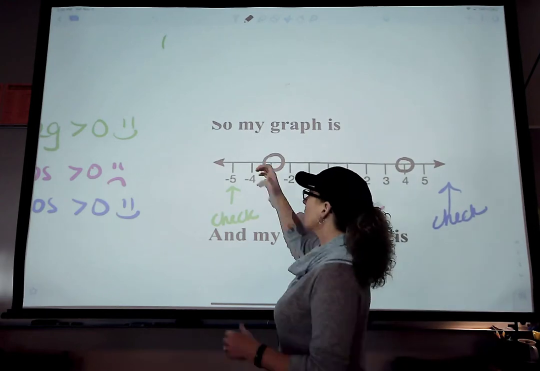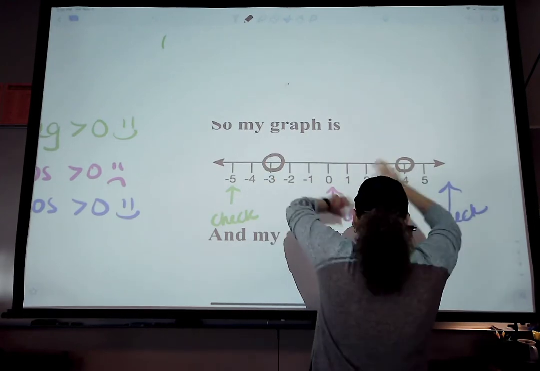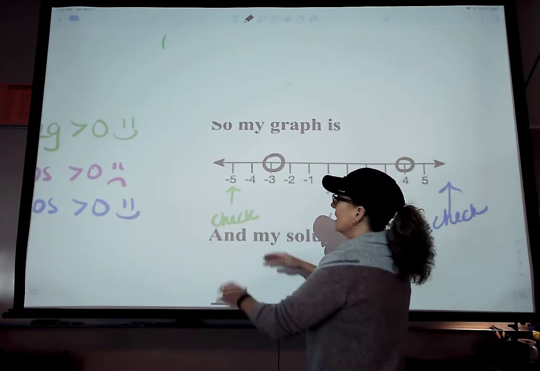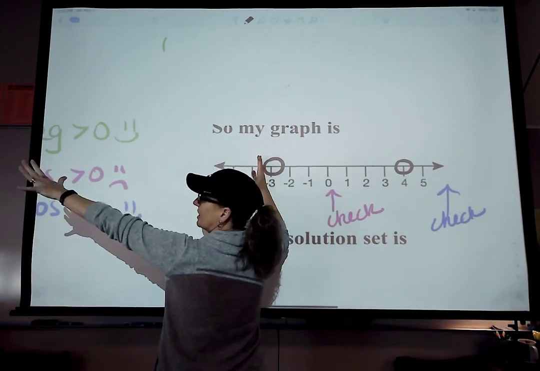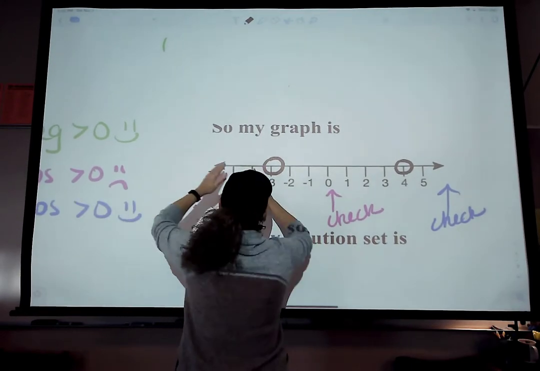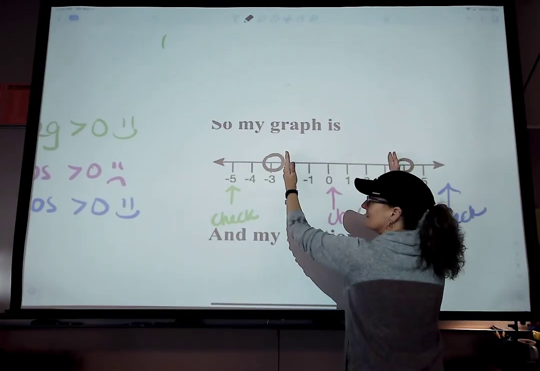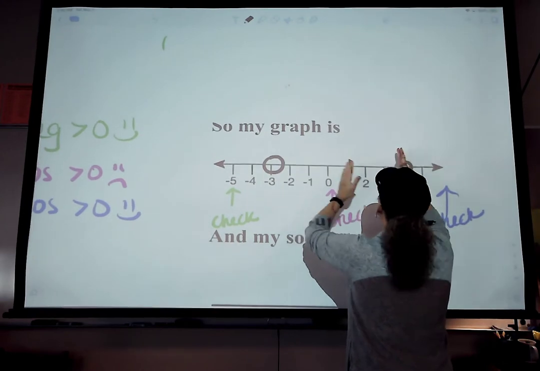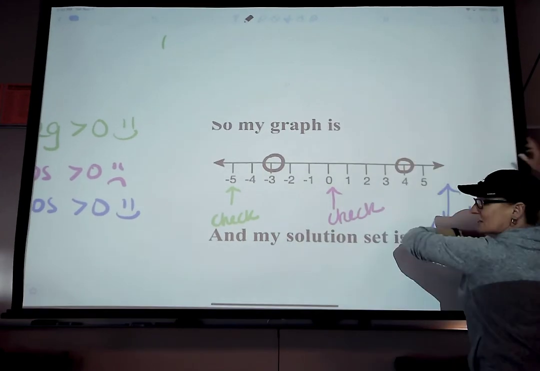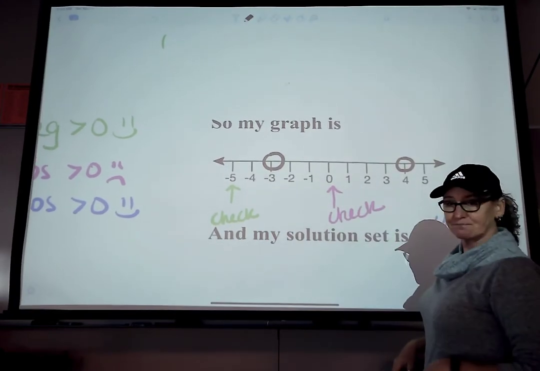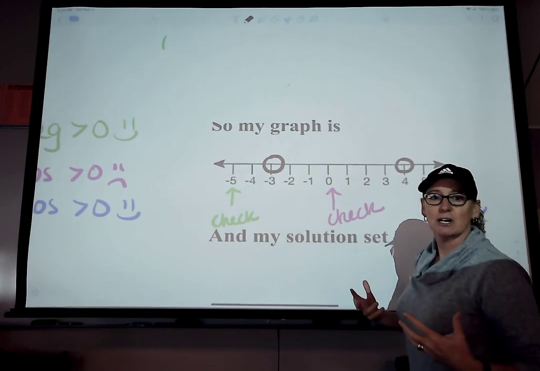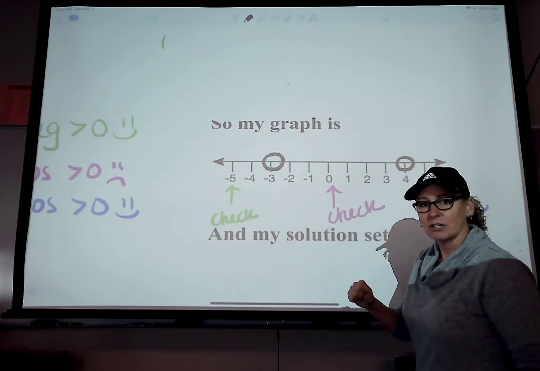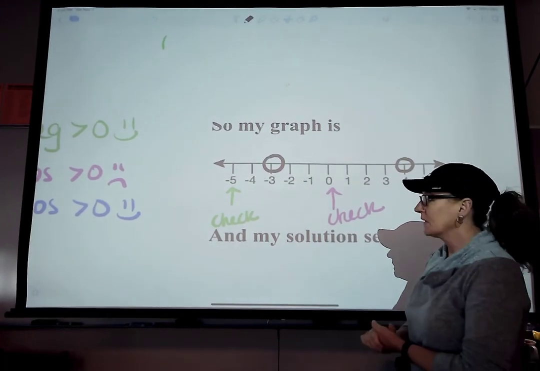I basically divided a huge number line into 3 sections. I've got this ginormous section that goes to negative infinity, this smallish section between this circle and this circle, and this ginormous section that goes all the way to infinity. I need to know which of those sections to color.